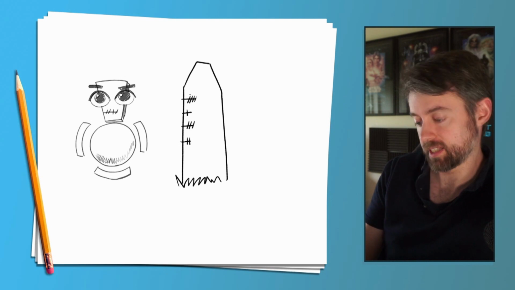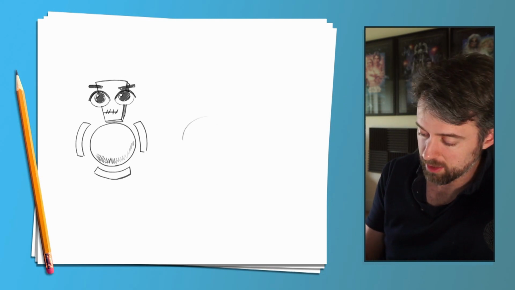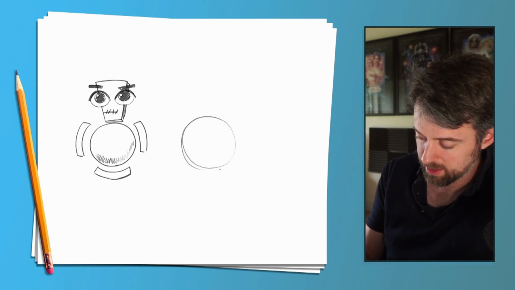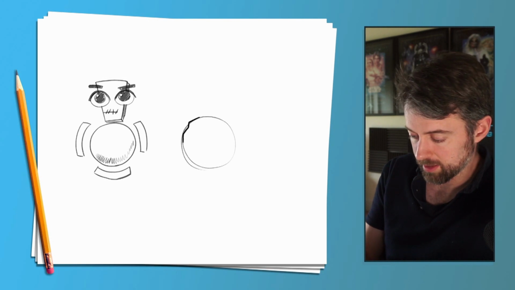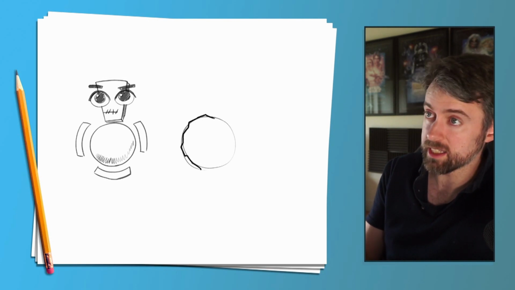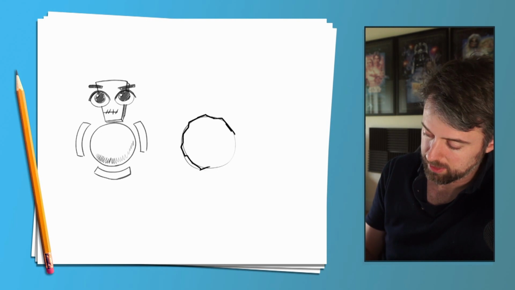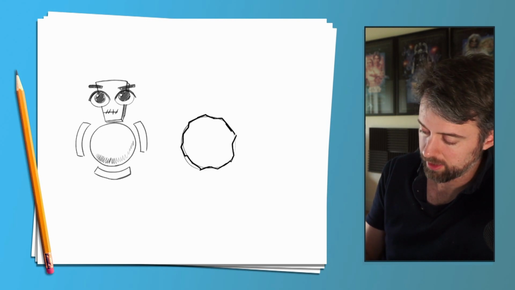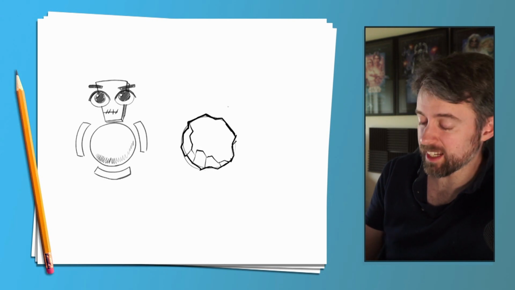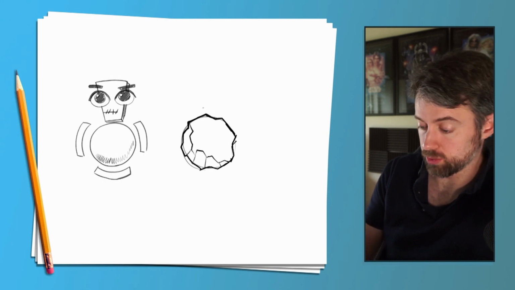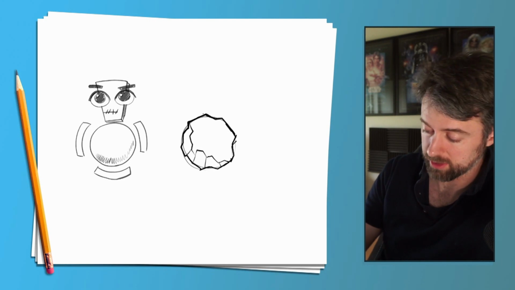So instead of just having a circle for his body like this, we're actually going to make the edges look a little rougher, like an ancient old rock. For his head then, I was thinking for it to be like a stone, so like that pillar that comes out of the ground.